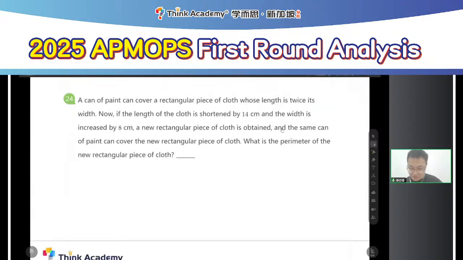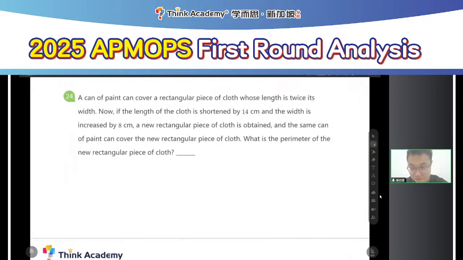Question 24. Is this one easy or difficult? It's not difficult, it's easy or normal. It says that we have a rectangular piece whose length is twice the width.